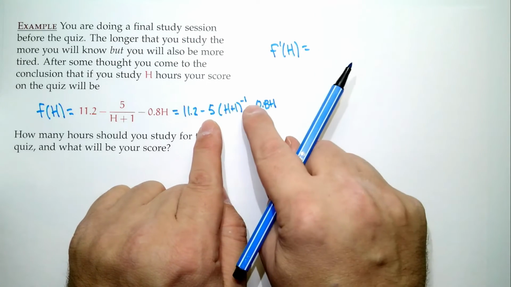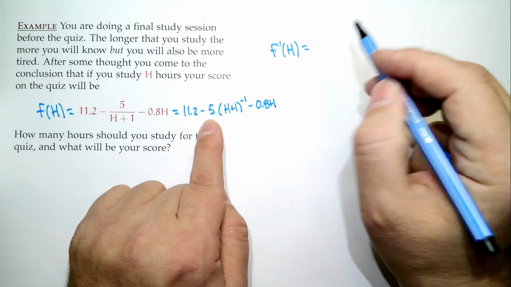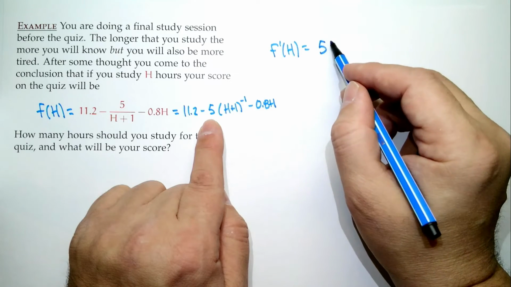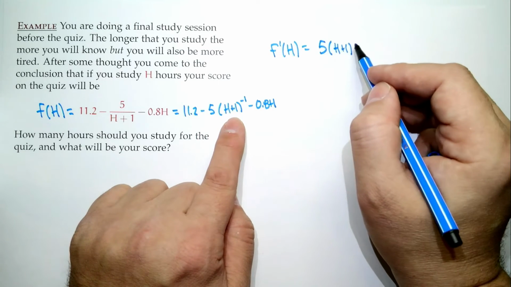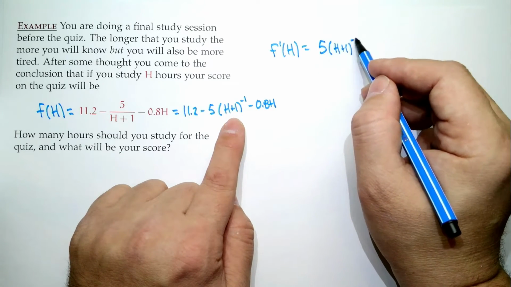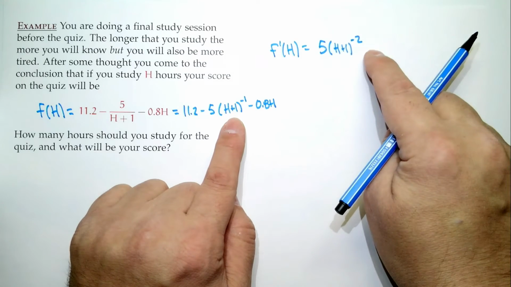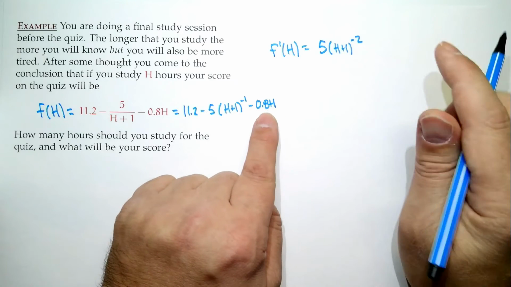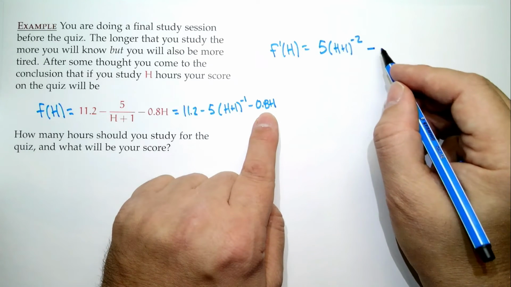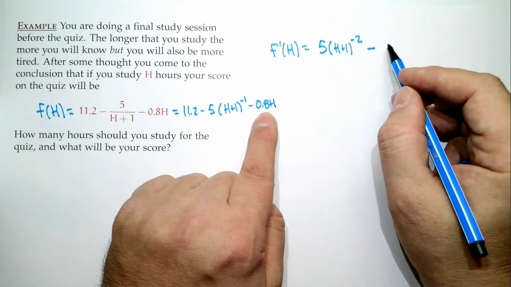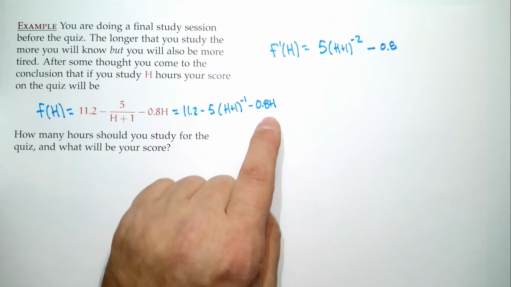Well, the negative 1 comes down, so it'll be positive 5, h plus 1 to what power? Negative 2. Then you multiply by the derivative of the inside, which is 1. Subtract 0.8. All right. Now that's our derivative.